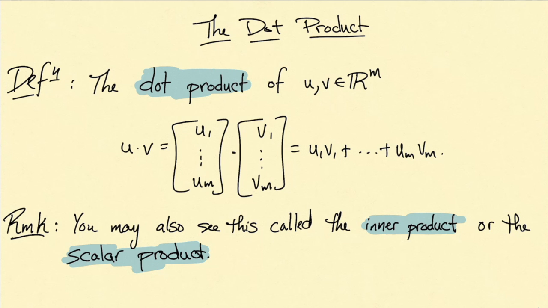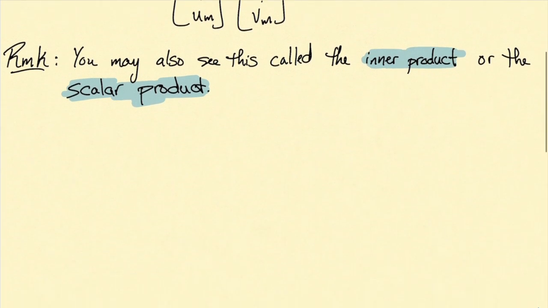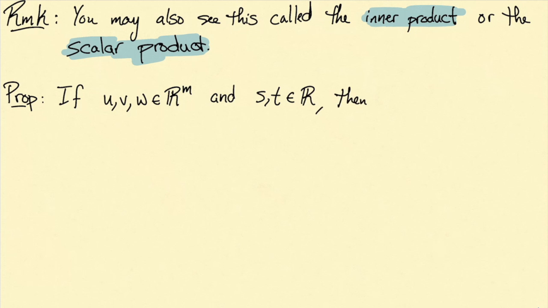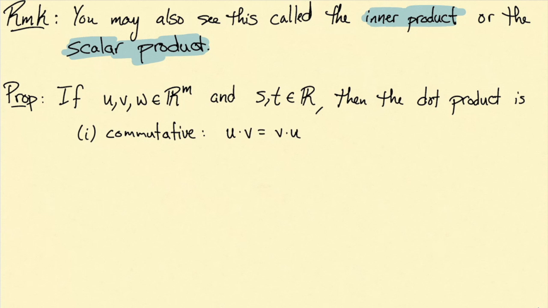To see why the dot product is a useful object, we first need to understand some of its properties. If we have three m-dimensional vectors u, v, and w, and scalars s and t, then the dot product is, one, commutative. That means u dot v and v dot u are equal. Two, compatible with scaling.